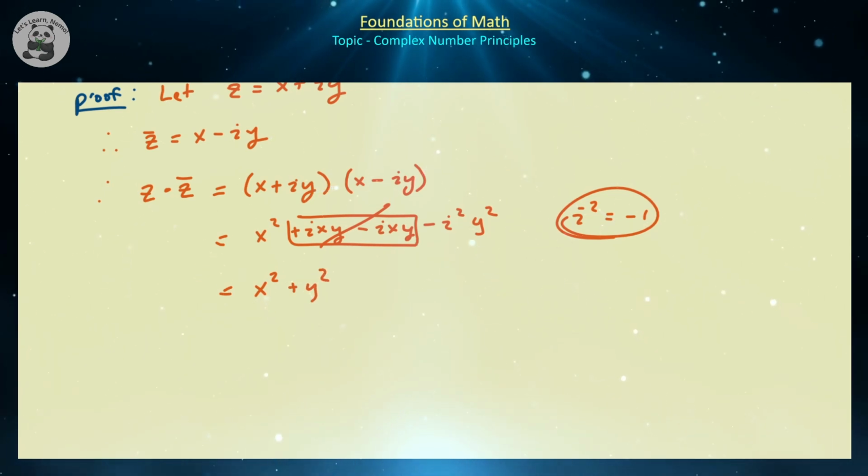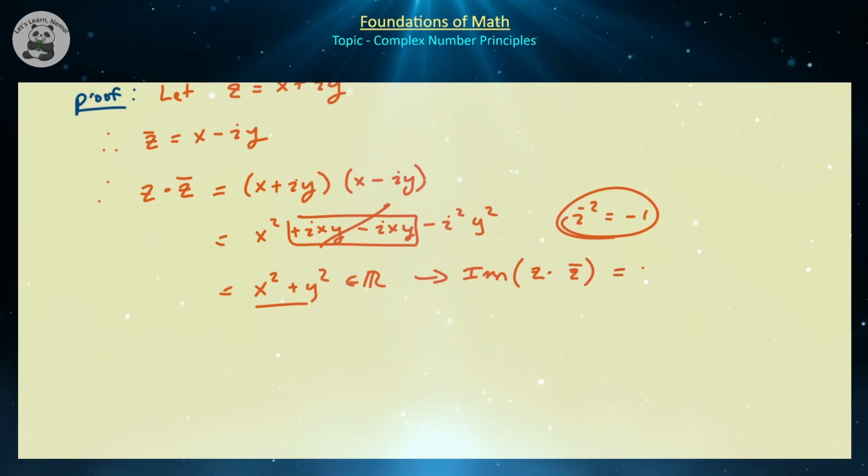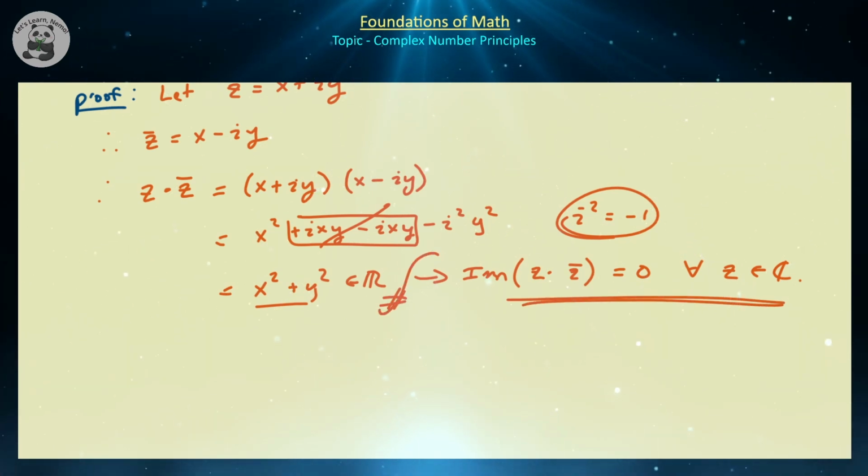Since x and y are in R, x squared plus y squared is also in R, and R is closed under addition, therefore this is an element of R. In particular, the imaginary part of z times z bar is always equal to 0, and this is true for every z in C. That's just some clerical thing that you could say.